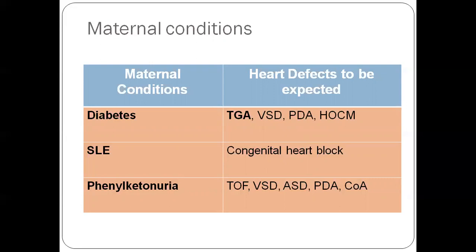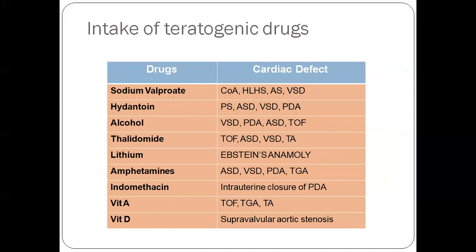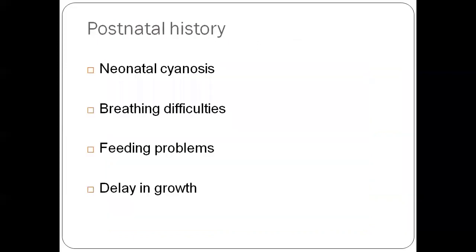SLE causes heart block, and VSD, ASD, and PDA can occur because of maternal phenylketonuria. Teratogenic drugs taken by mothers like sodium valproate, phenytoin, alcohol, thalidomide, lithium, amphetamine, indomethacin, and vitamin A and D cause cardiac defects in the baby.